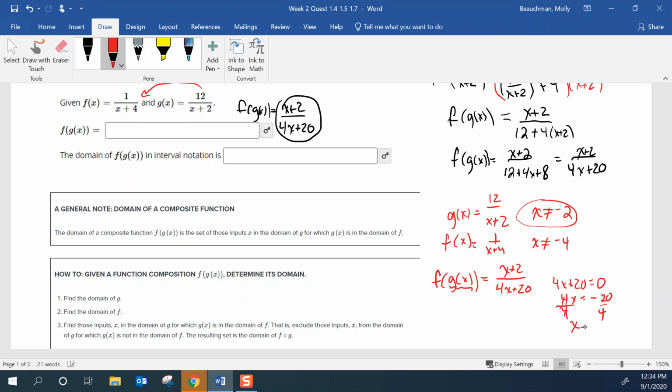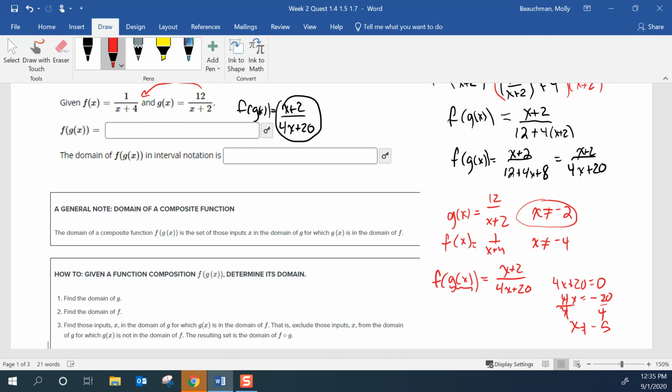Negative 20 divided by 4 is negative 5. So x can't equal negative 5. Okay? So it ends up that x can be anything except it can't be negative 5 because that's in the composition of functions. And it also can't be negative 2 because that couldn't be in the domain of g in the first place.